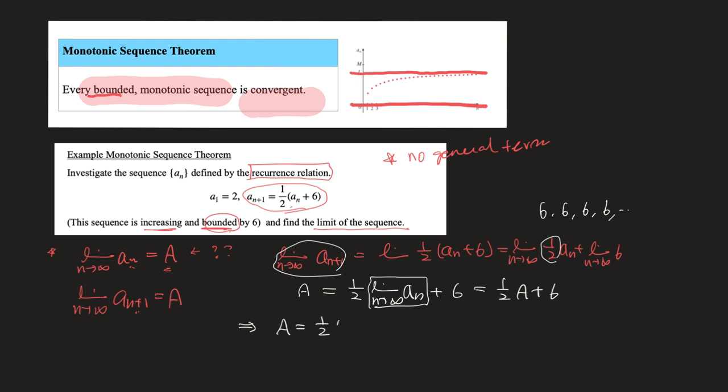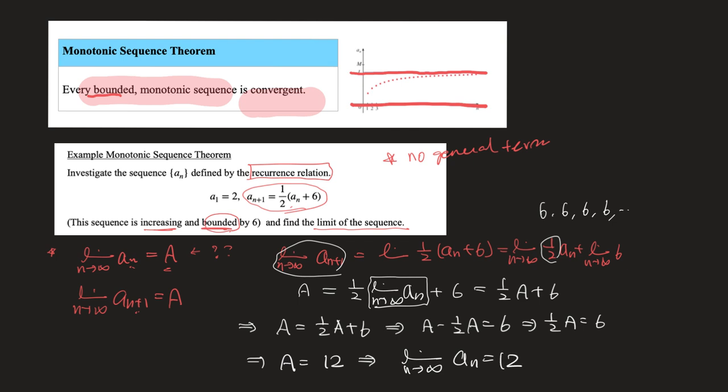A minus 1/2 A equals 6, so 1/2 A equals 6, A should be 12. The conclusion is the limit as n approaches infinity of a_n is 12. So that's how you find this limit, guys, okay? This last example is where we use the monotonic sequence theorem. If the sequence is monotonic and bounded, then we can find the limit.